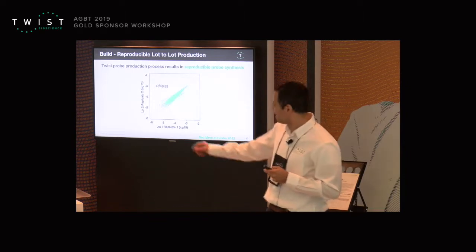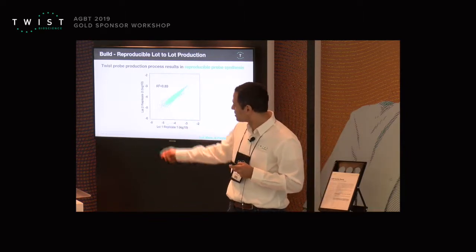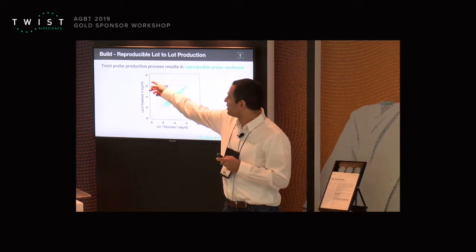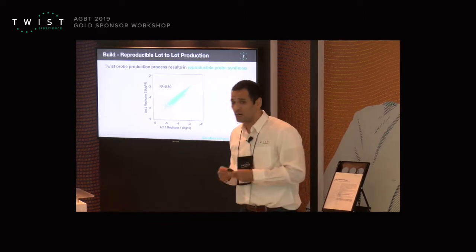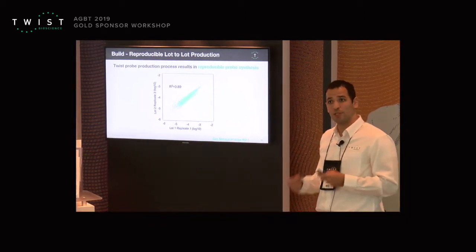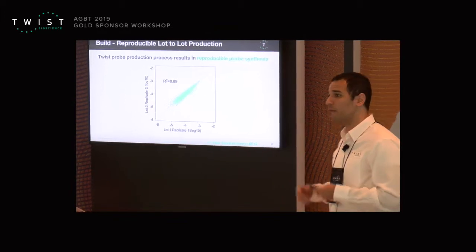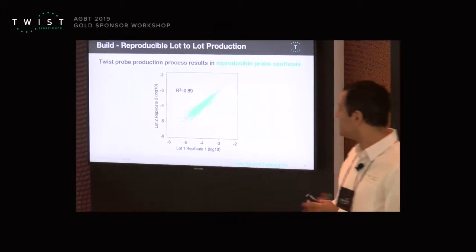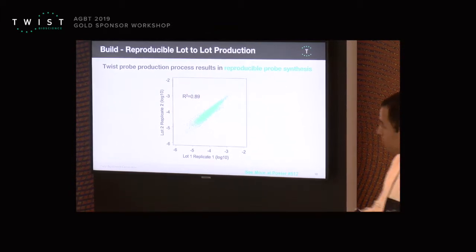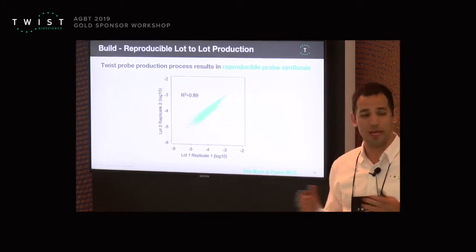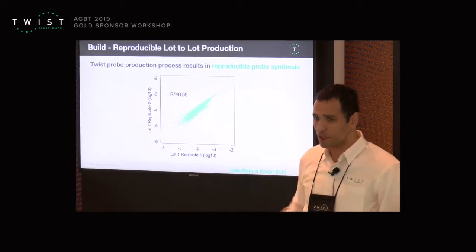So maybe it came out worse. Our first is lot 1 replicate versus lot 2 replicate. Each dot represents the representation of a probe in that panel. And we use NGSQC to do that. We do NGSQC with every panel that we make. And we get really great representation there.